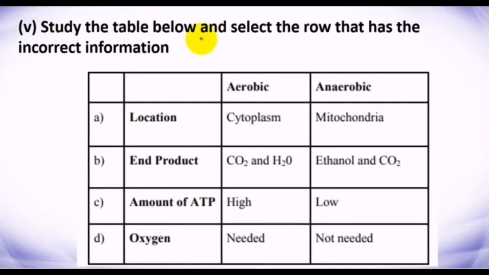Next, part 5. Here, a table is given which has the information about aerobic as well as anaerobic respiration. The location, end product, amount of ATP released, and the presence or absence of oxygen in aerobic and anaerobic respiration is given in the table. You have to choose the correct option.